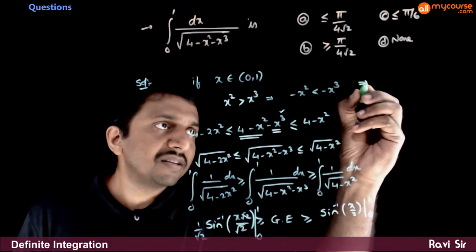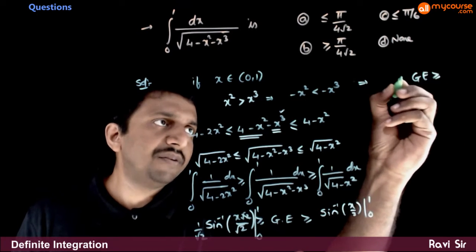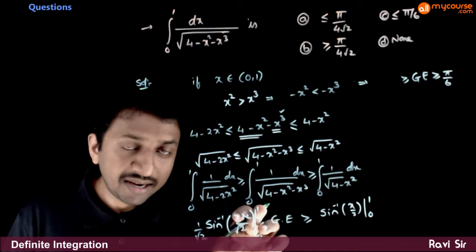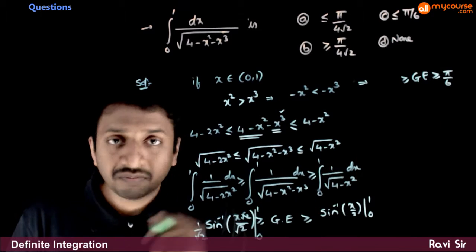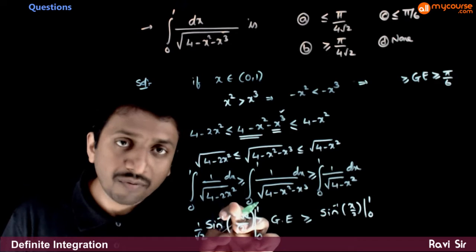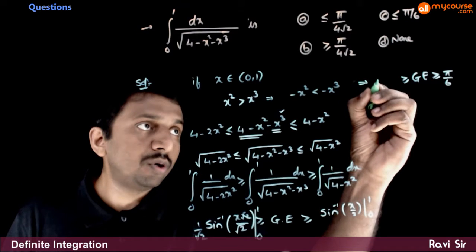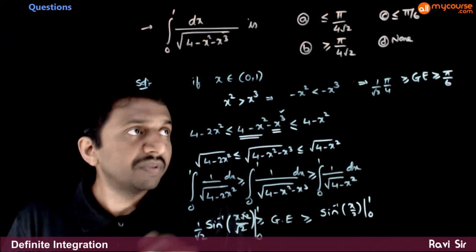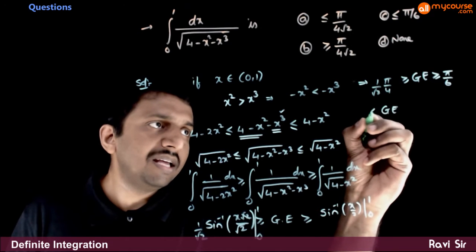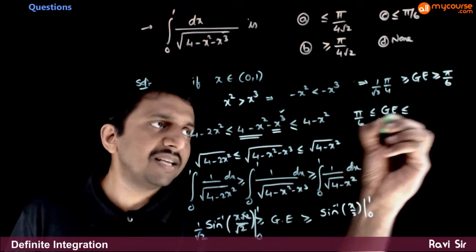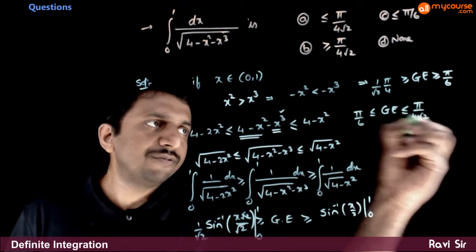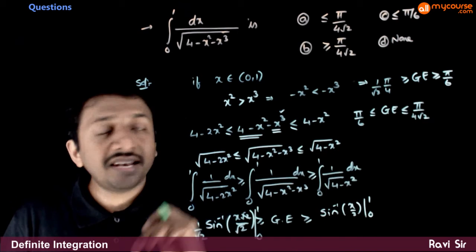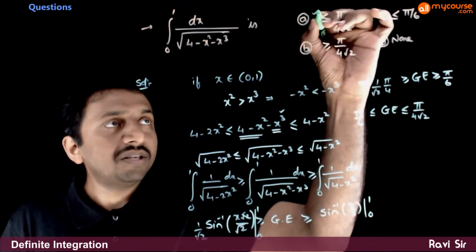So the given expression is in between sine inverse of 1 by 2, which is pi by 6, and 1 by root 2 times pi by 4, and if you put 0, the value is 0. So the given expression is lying between pi by 6 and pi by 4 root 2. So this is greater than pi by 6 and less than pi by 4 root 2. So option A is the right answer.